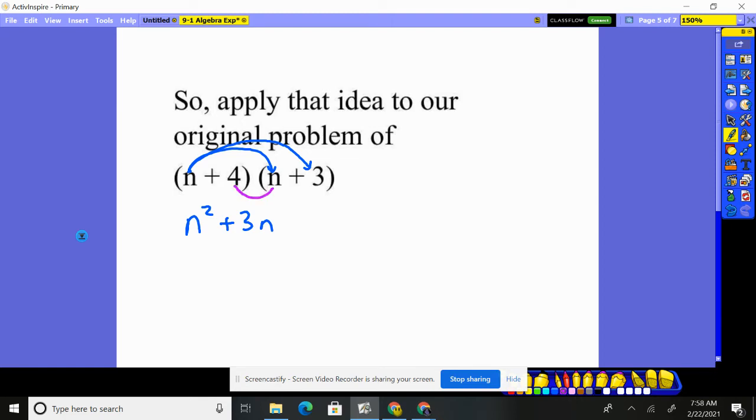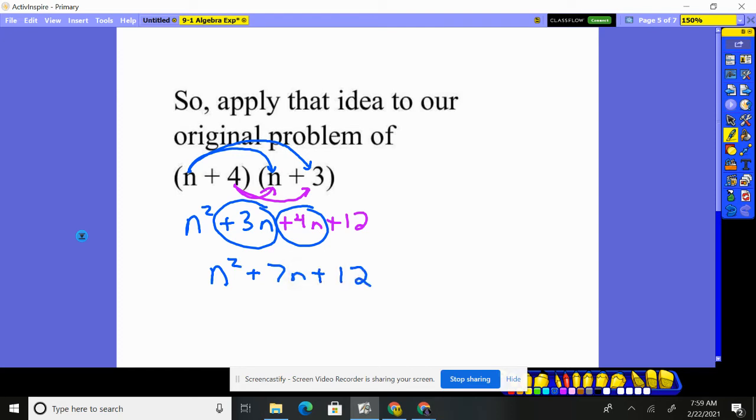The 4 is going to get distributed through. 4 times n is 4n. 4 times the 3 is 12. So we now have 4 total pieces here. But notice that this 3n and 4n can be combined. We can combine those like terms. And we end up with n squared plus 7n plus 12.